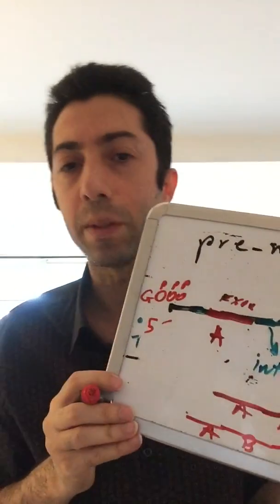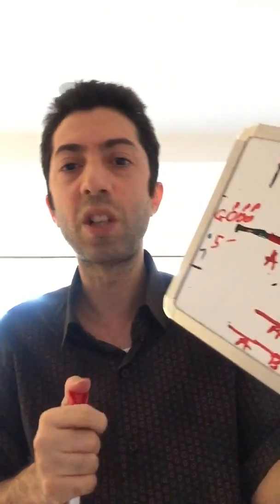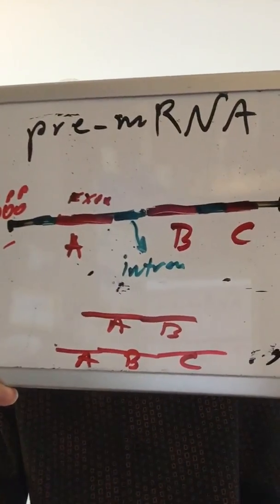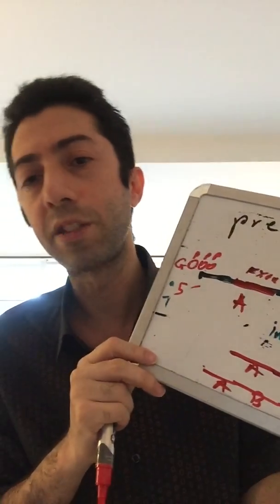It's going to be a different type of protein. That's why we have, for example, around 30,000 genes, but we can make many more proteins than that number. It's because of alternative splicing. Different exons can attach to each other. So what do we call this? Alternative RNA splicing. All right.